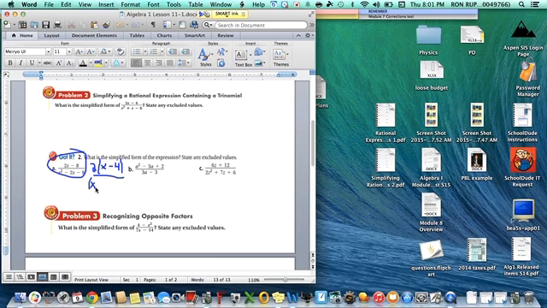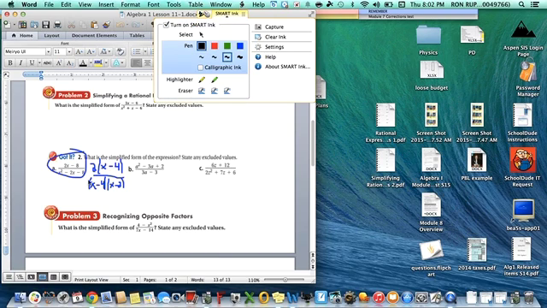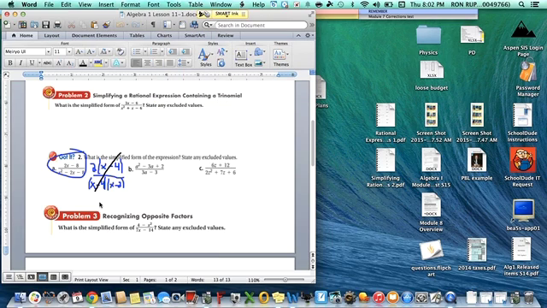It would be x minus 4 and x minus 2. Again, the x minus 4 over x minus 4 cancels out, and that leaves us with 2 over x minus 2. So that's just a quick summary of what we did on Thursday.